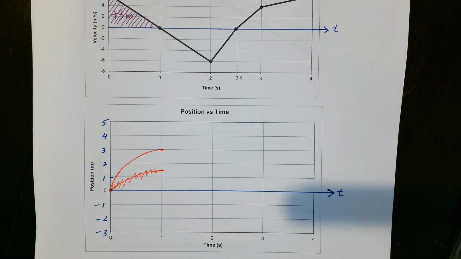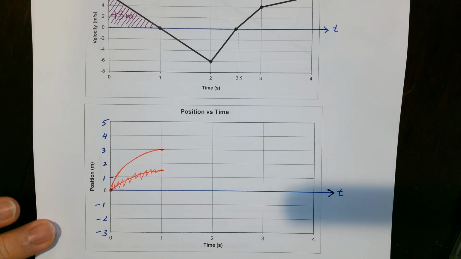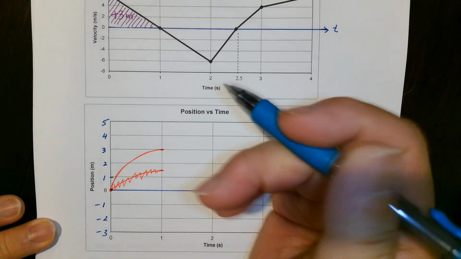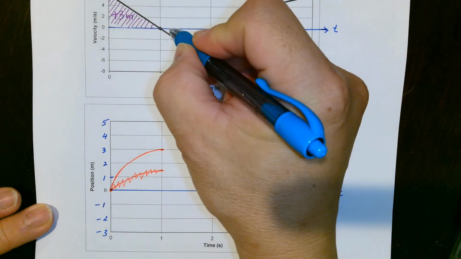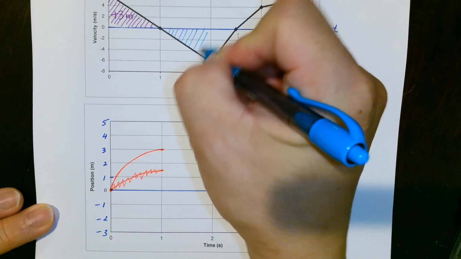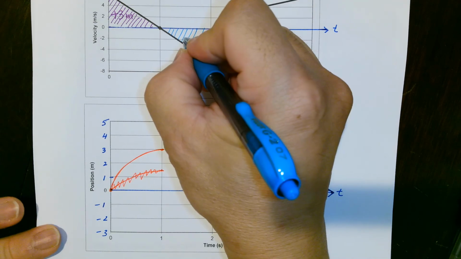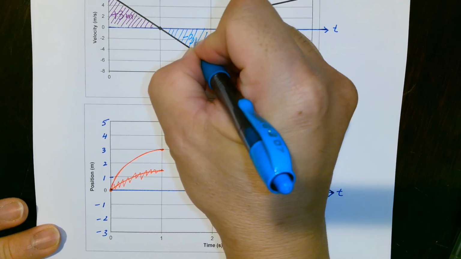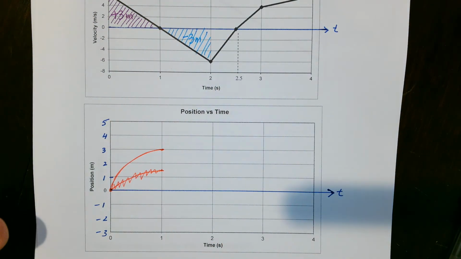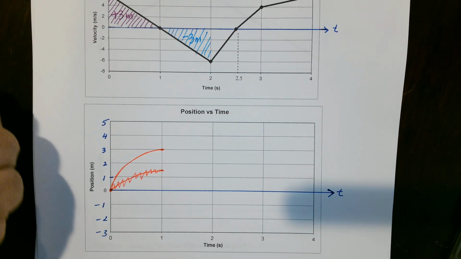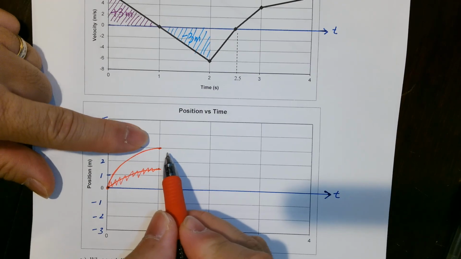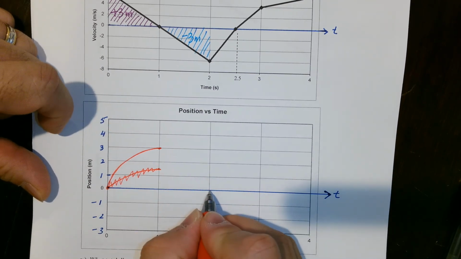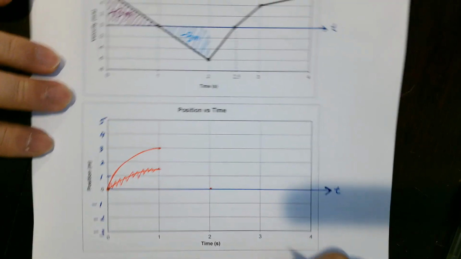So how much distance did it travel from 1 to 2? 3 meters again. So my change in position is negative 3 meters from 1 to 2 seconds. So here, since I'm going in the negative direction for 3 meters, I end up back at my origin.